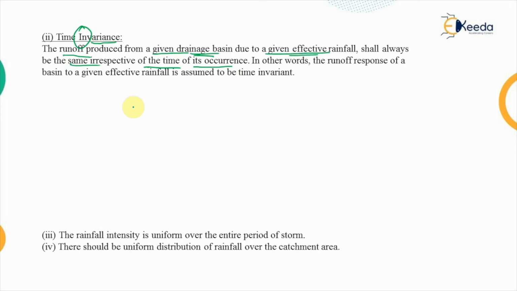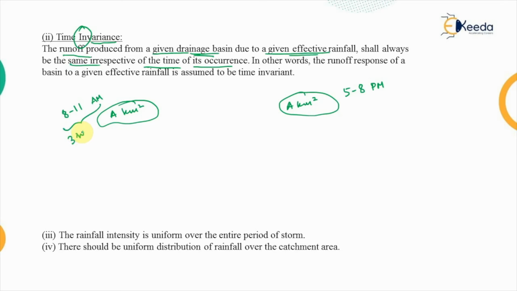For example, let's say this is an area of a square kilometer, and this is the same area of a square kilometer. First, the rainfall has occurred in the morning, from 8 to 11 am, and then rainfall has occurred in the evening from 5 to 8 pm. In both durations, the rainfall has occurred for 3 hours, in the same area.